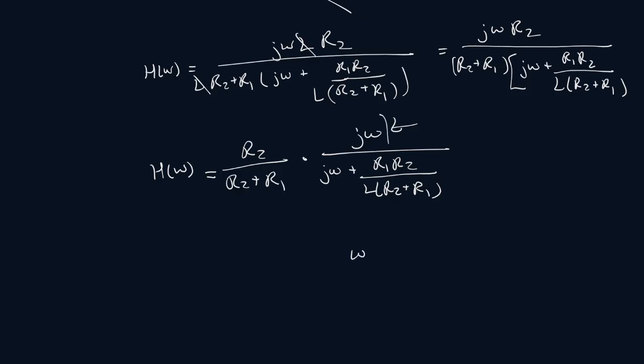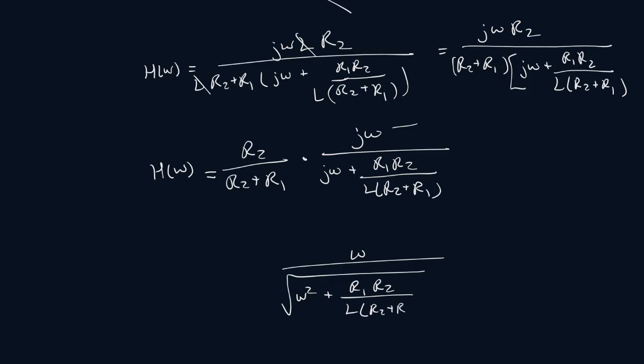The reason the magnitude of this is W is because it'll be W squared plus 1 all to the square root, which is just W. So it'll be W, and then the square root of W squared plus R1 R2 over L R2 plus R1, squared. And what I can do is factor this W2, so it'll be, hold on.